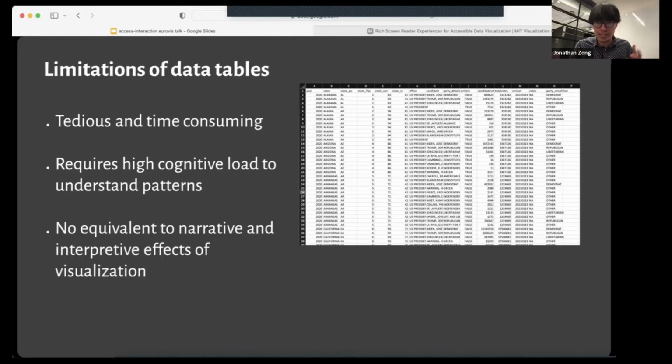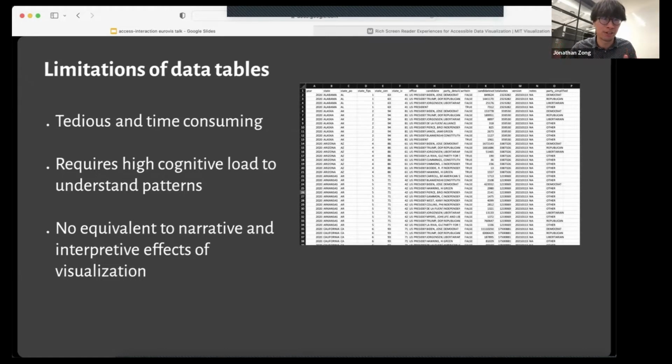So finally, with data tables, there's no equivalent to the narrative or interpretive effect of visualization. Charts and graphs do more than just directly translate data into visuals.